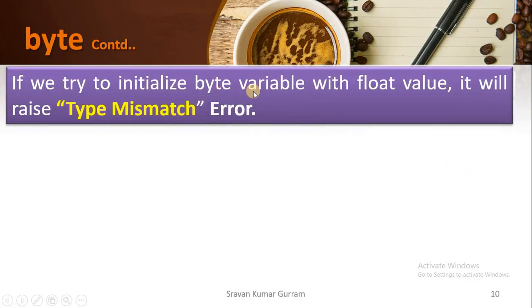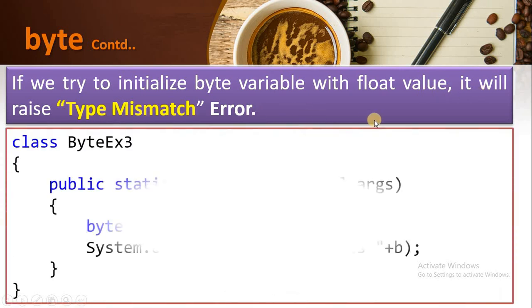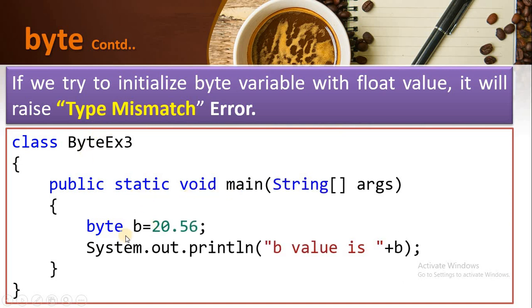If we try to initialize a byte variable with a float value, that is, a number with a fractional value, it will raise a type mismatch error. See the code. In this code, I declare a variable of byte type, but I am assigning a decimal value 20.56. In this case also, it will raise a type mismatch error.